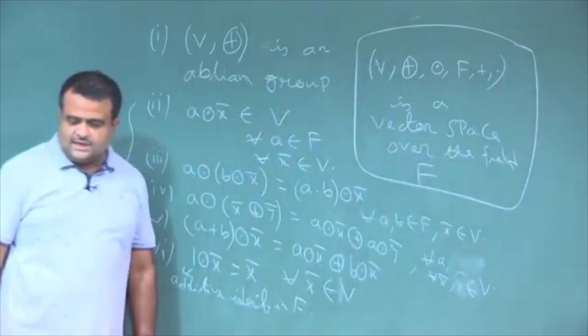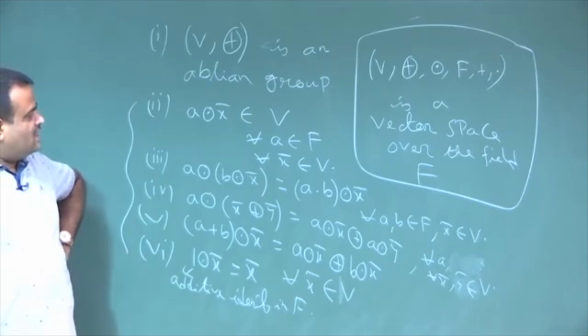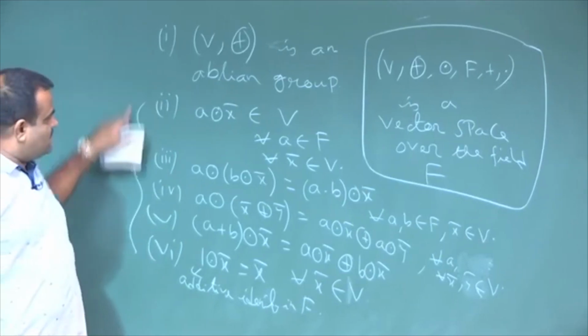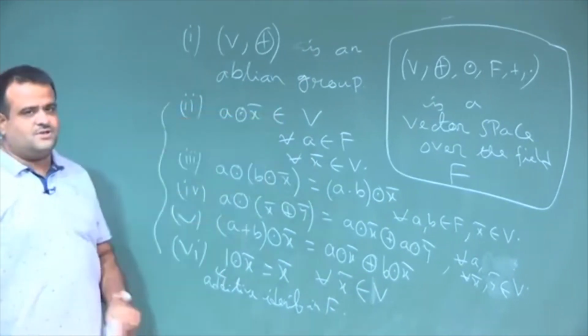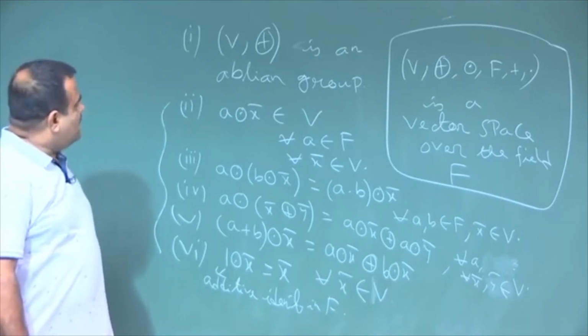So, if a non-empty set V along with a non-empty field F satisfies these properties, then this algebraic structure is called a vector space over the field F.